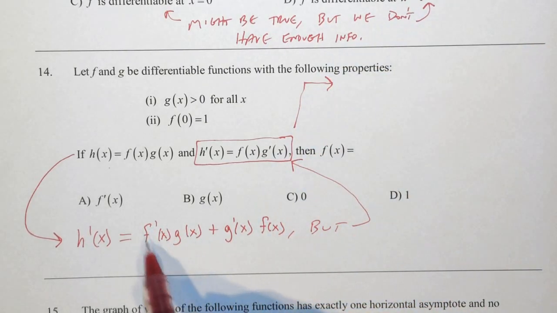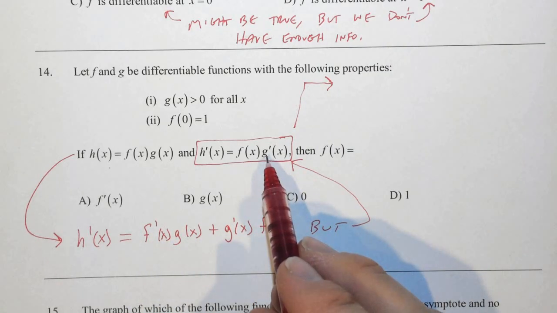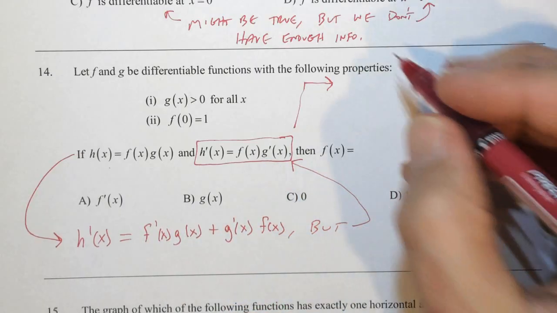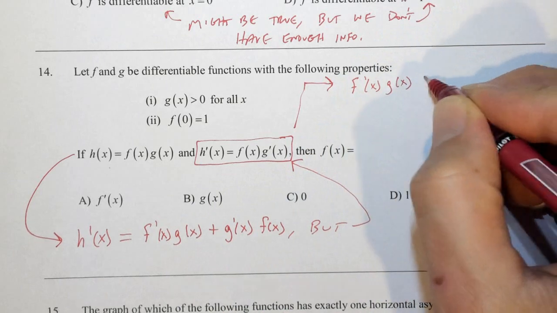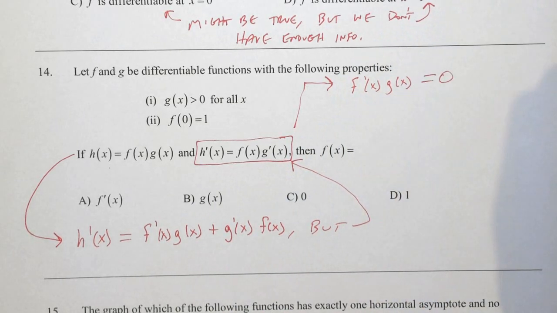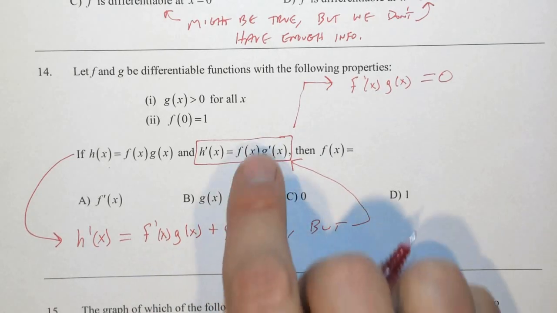Well, it means that this part right here, since it's not present, means that this part right here, f prime of x times g of x, that must be equal to 0. Right? Because we'd have 0 plus what we're told h prime actually is.